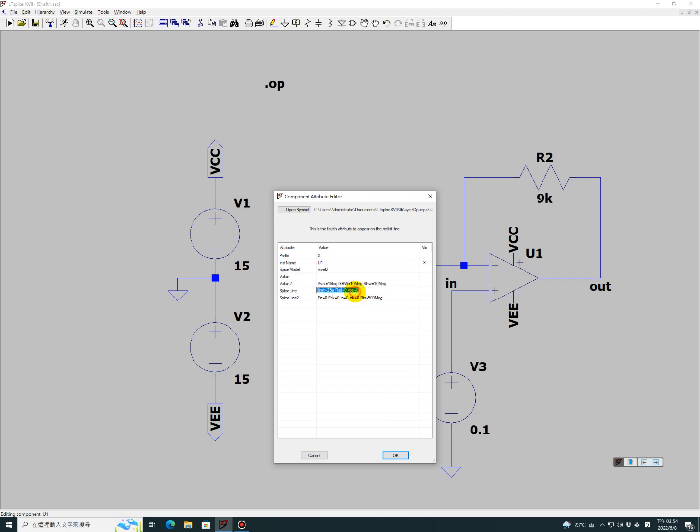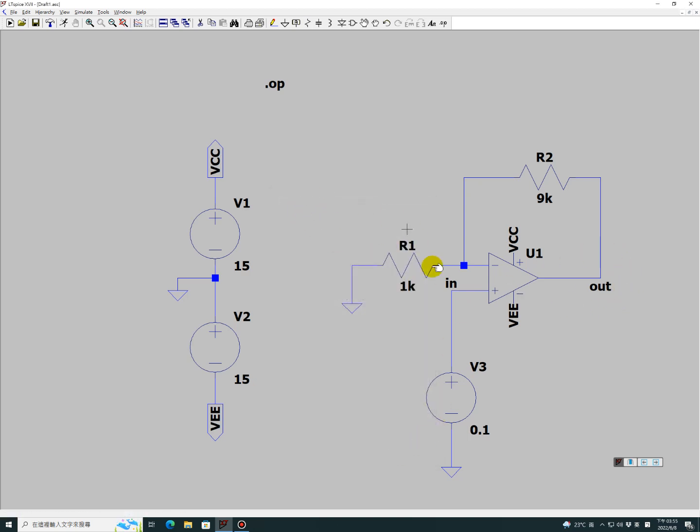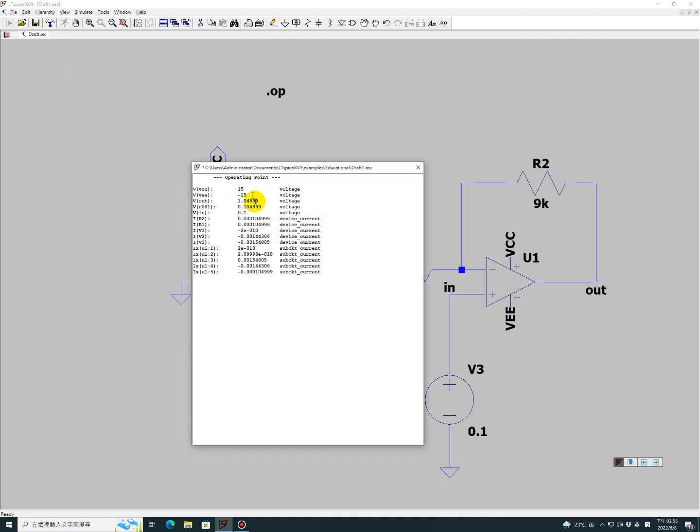Of course, the offset voltage, I can set it as like 5 millivolt. Then the output will be affected by the offset voltage. See? Wow. Now the output is 1.0499 because you have offset voltage.